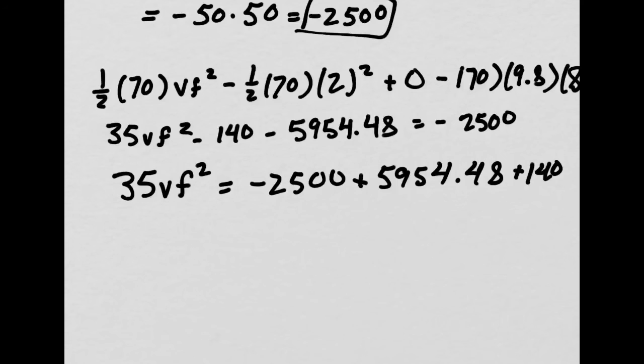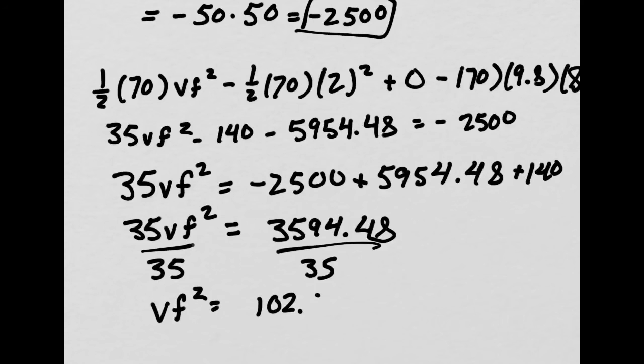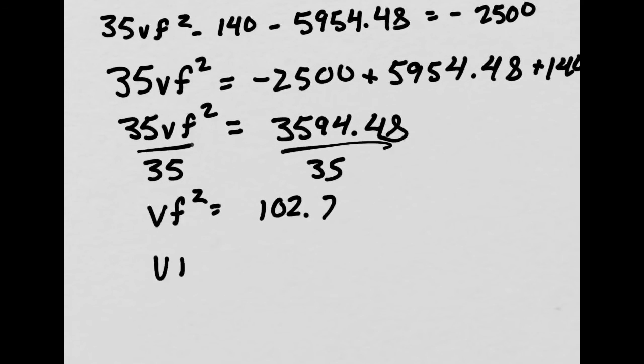So that gives us the right-hand side being 3594.48. 35 VF squared, divide both sides by 35. VF squared equals 102.7. And VF equals the square root of that, which is 10.1 meters per second.